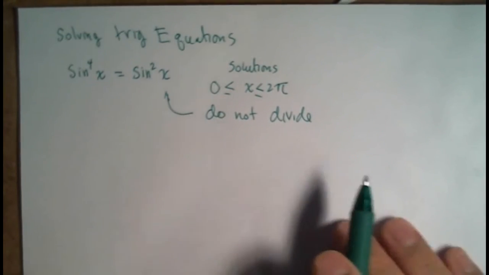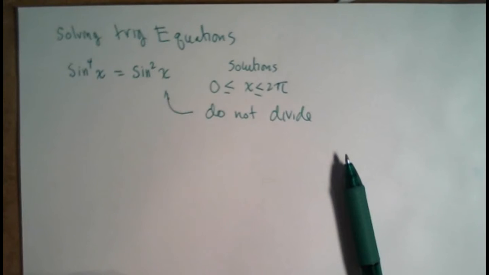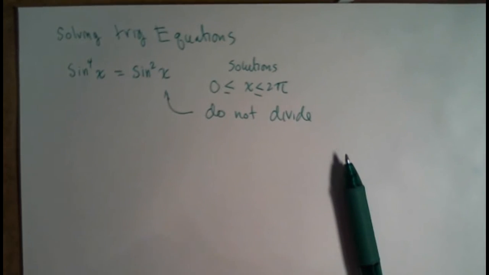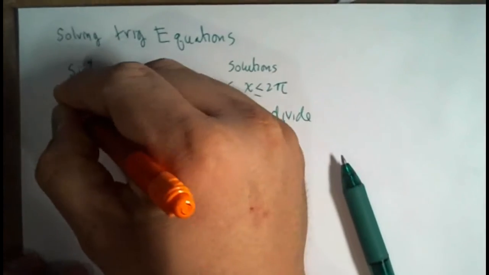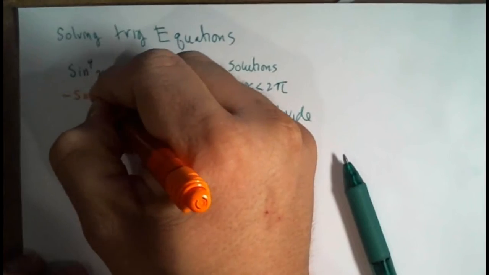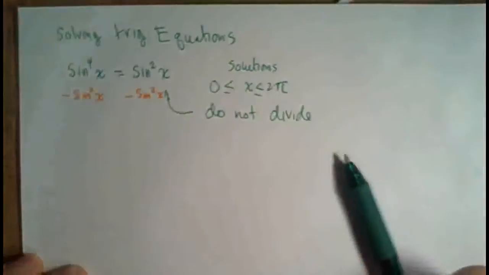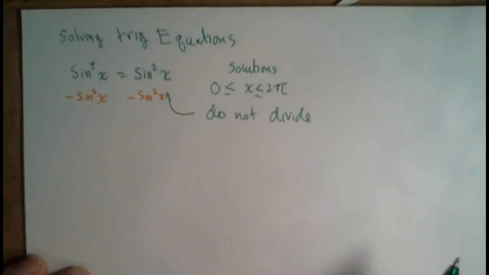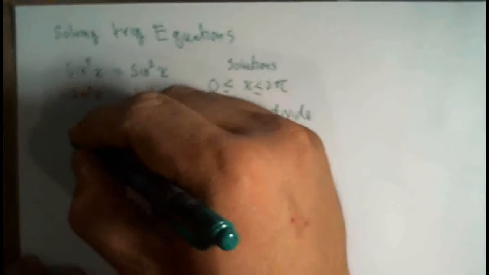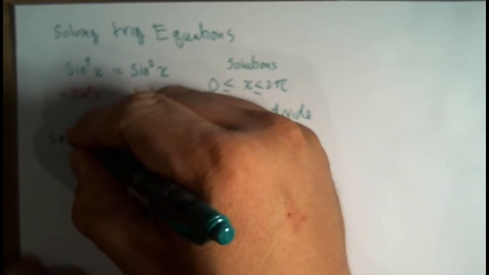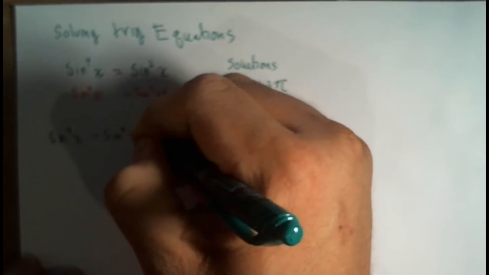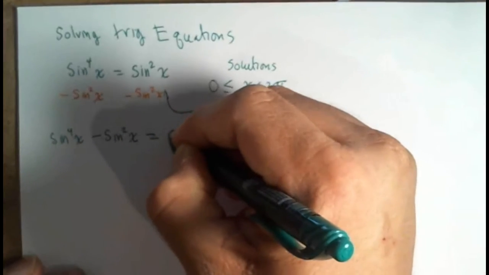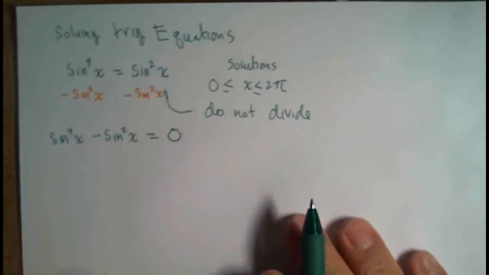Instead, what we want to do is subtract and set equal to 0. So I'm going to subtract sine squared x from both sides. When I do that, we're left with sine to the fourth of x minus sine squared x, and all of that is equal to 0.